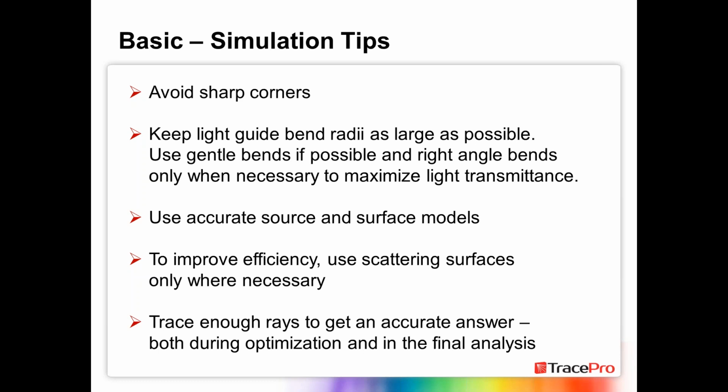If our source emits plus or minus 90 degrees, we don't use a collimated source, for instance. And to improve efficiency, we're going to put scattering surfaces where they're necessary, so that what we virtually prototype matches what we measure when we create a real prototype. And of course, we've got to trace enough rays in our simulations to make sure that we have accurate answers.